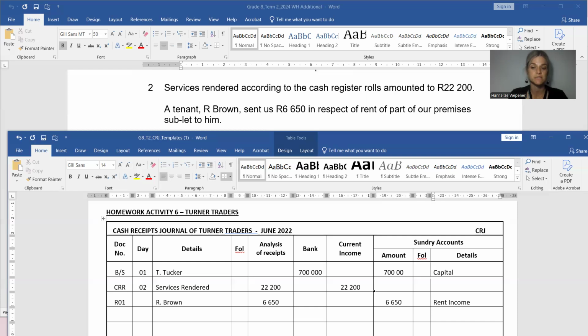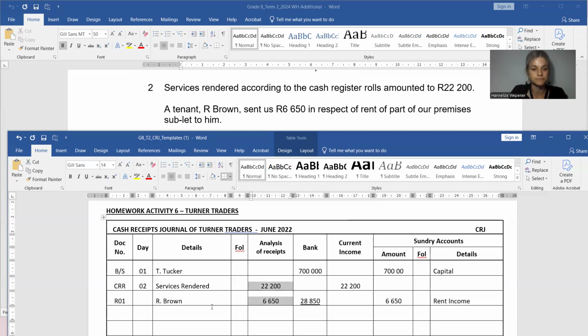You have to be specific with your rent, because once we start doing the CPJ, you will see that we also have rent expense. Therefore, the total amount that I received today that I'm going to take to my bank to deposit is 28,850. So it's the 2 amounts on the same day.